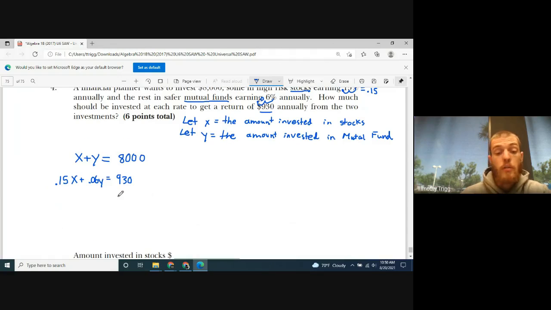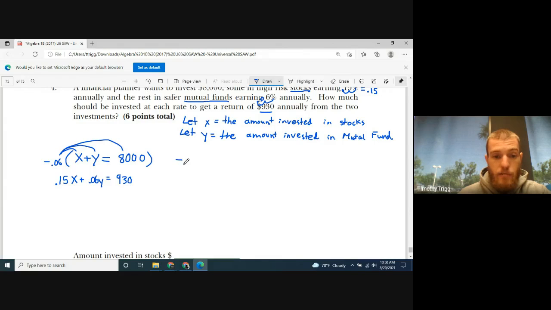Now, similar to question 3, we're going to multiply this first equation times something that will make it so our y's cancel. So in this case, I'm going to multiply by negative 0.06. That way, when I multiply this through, the y's will cancel. So this is going to get distributed in this first equation.